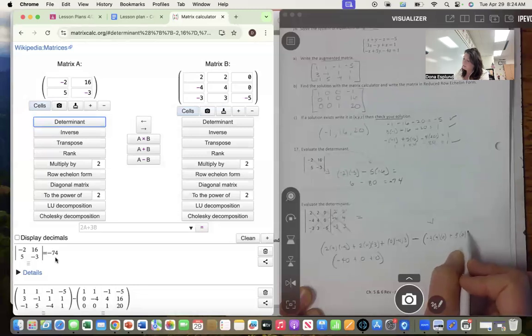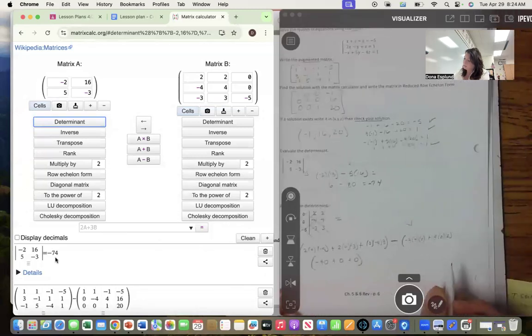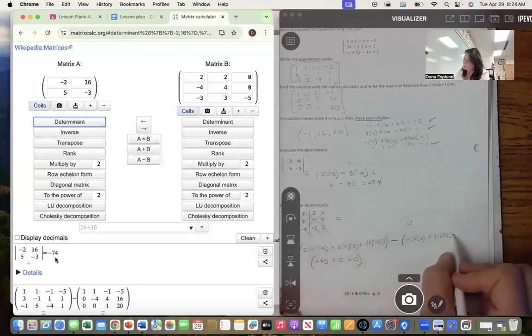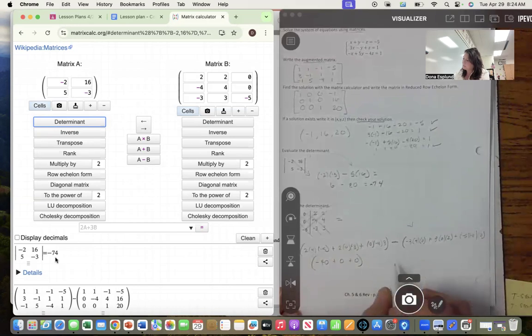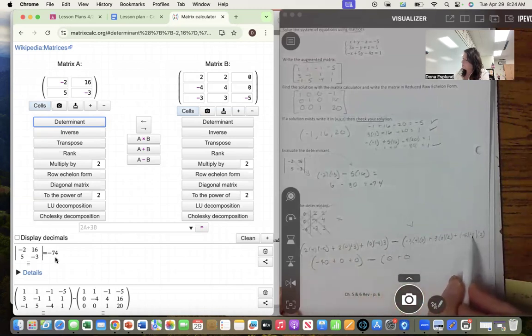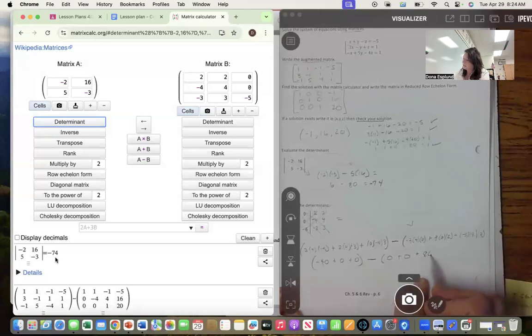But my last one, I have -5 times -4 times 2. So inside my parentheses, I'm going to keep my minus, and I have 0 plus 0, but then 5 times 4 times 2. Then I'm going to have a positive, 5 times -4 is positive 80, so I'll go plus 80.